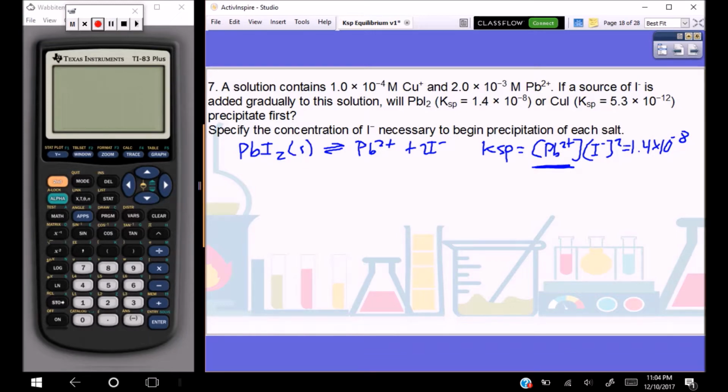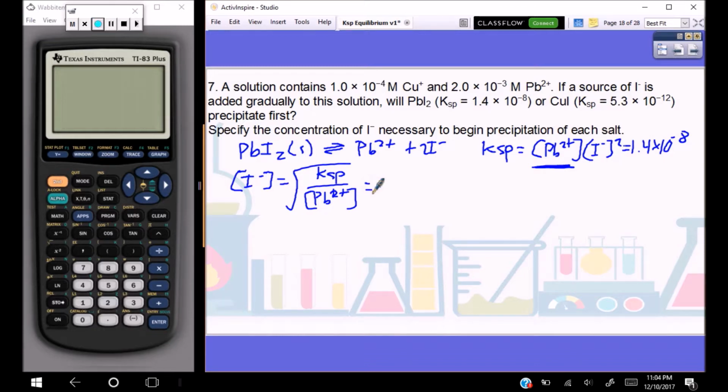So if we were to rearrange, we know that I minus would be equal to my Ksp over my lead concentration, so Pb2+, and I would have to take the square root of that because I squared is involved here.